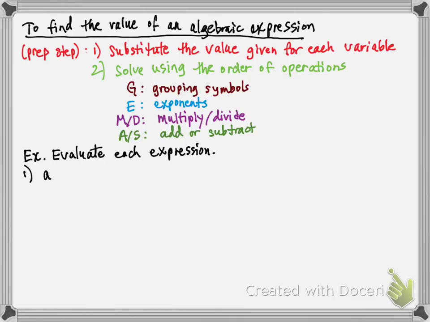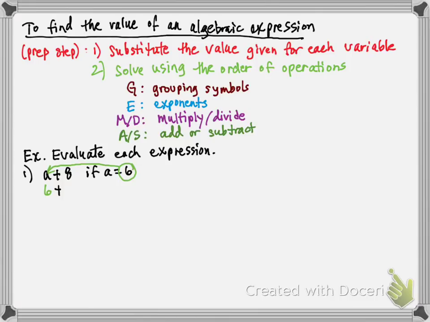So we have A plus 8, and then it says if A equals 6. Okay, so what we're going to do is take that value for A, which is 6, and substitute it back into the expression where we see A. So we have 6 plus 8.